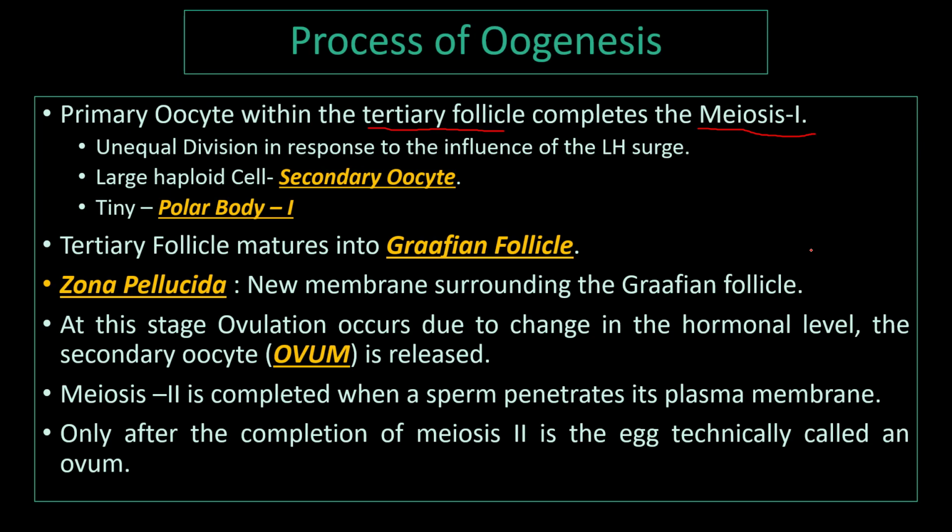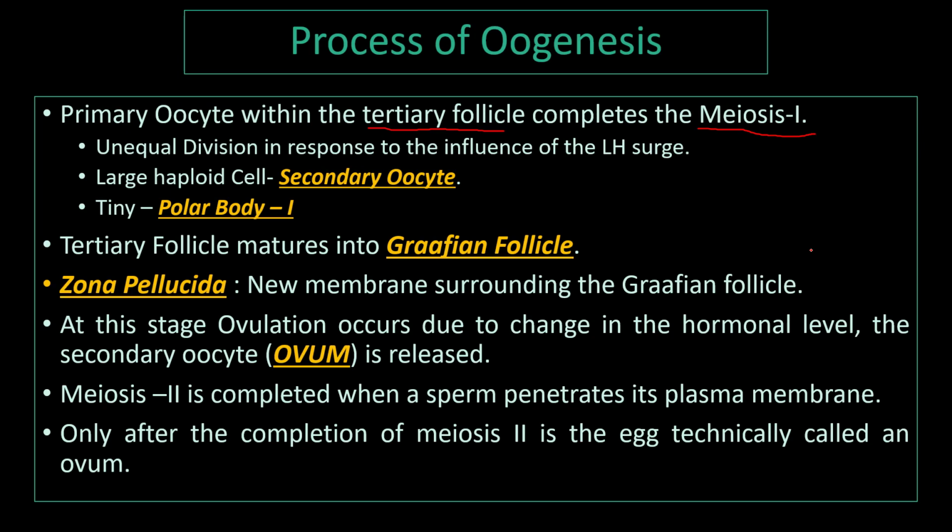And meiosis 1 here is not an equal division, it is an unequal division, and it is going to occur when there is an elevated level of the luteinizing hormone, or LH, also known as the LH surge. So in response to this LH surge, there is going to be the completion of meiosis 1 of the primary oocyte. But remember one very important thing here: the division is unequal, that is, you're going to get a larger cell and a smaller cell.